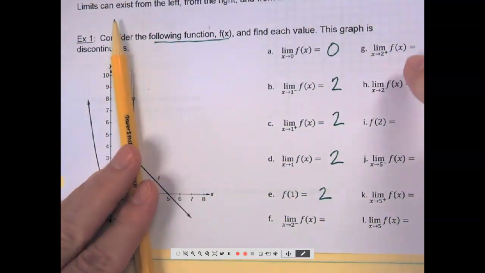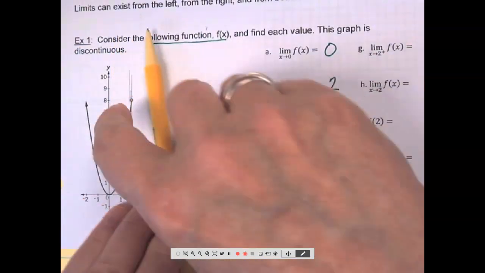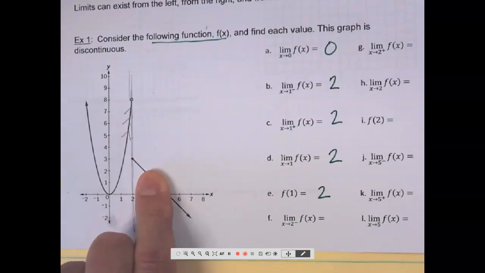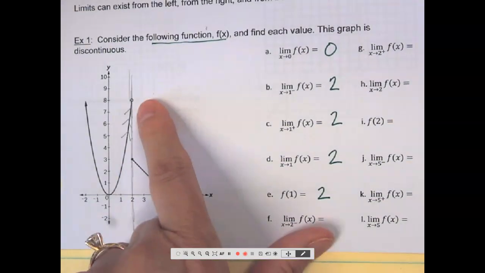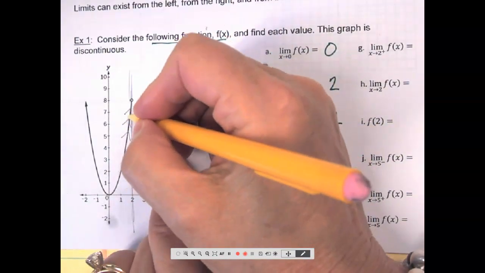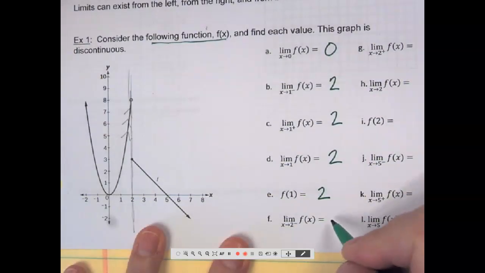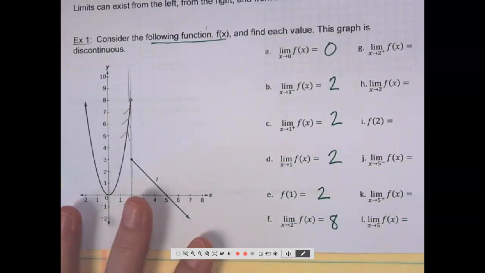When I deal with to the right in part G, then I'll jump to this piece of the graph. Approaching from the left means I am coming in this way. And what is that y value approaching? 8. Even though when I get there, there's an open circle, that's okay. As I get closer to that point, those y values are getting closer to 8. Stop me at any time if you have a question.